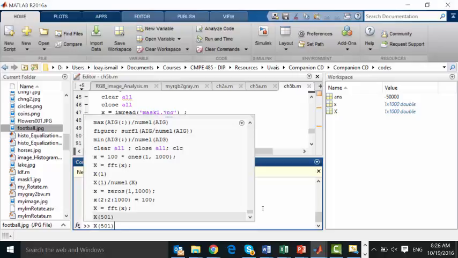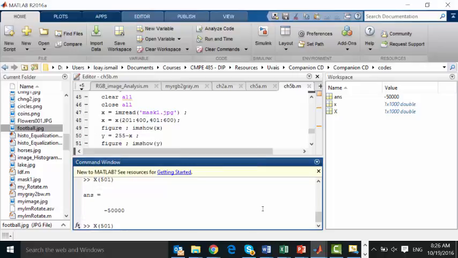In order to get the normal value, first of all, I need to get the absolute, since this value can have complex values, so it's better to deal with the absolute, which will give you the magnitude. Okay, divided by the number of elements of x. So here it will give me 50.